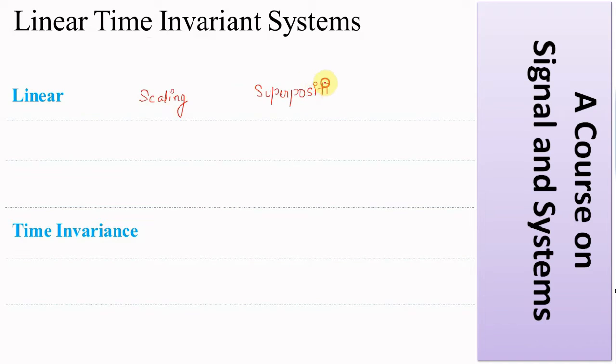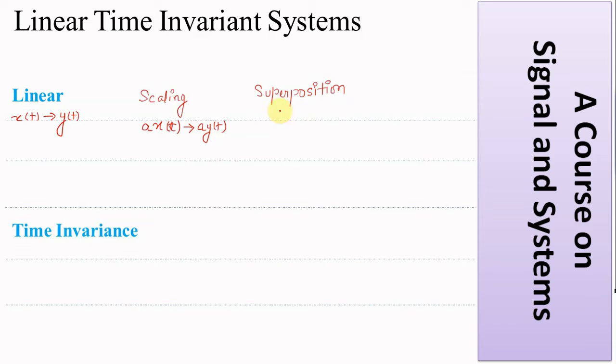If I apply any constant multiplied by x(t), I will get the output also multiplied by the same constant.